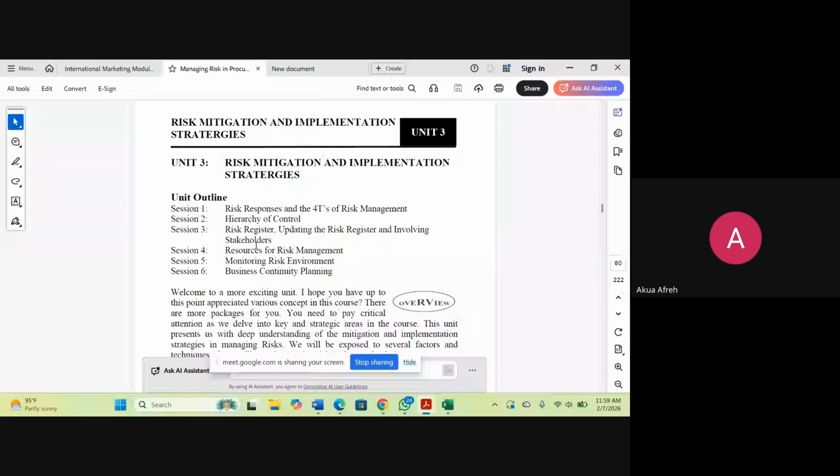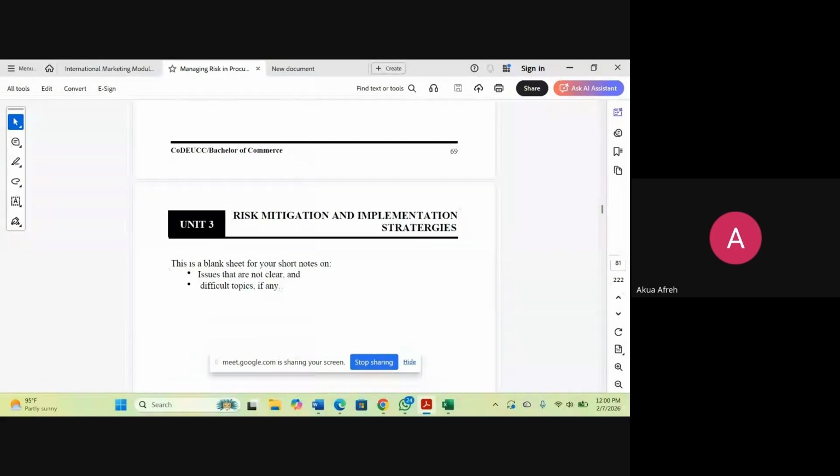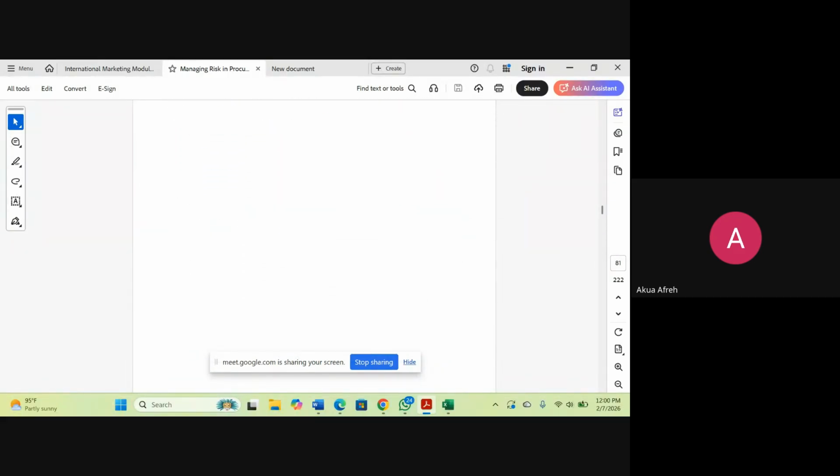Okay, so today we are still looking at risk, but we are looking at some risk mitigation and implementation strategies. The 4 T's, we have talked about them, so it's not something new that you haven't seen or heard before.